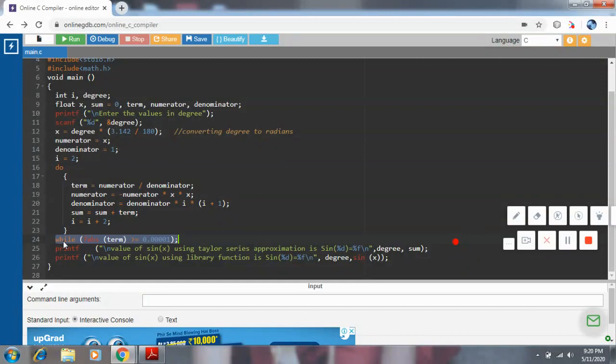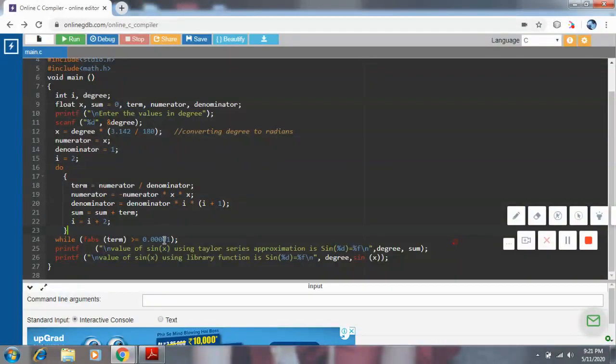In the while condition, if you observe, it is the fabs function, which gives an absolute value for a floating point number. A loop must have a terminating condition. When fabs of term is greater than or equal to 0.00001, then the loop will continue.